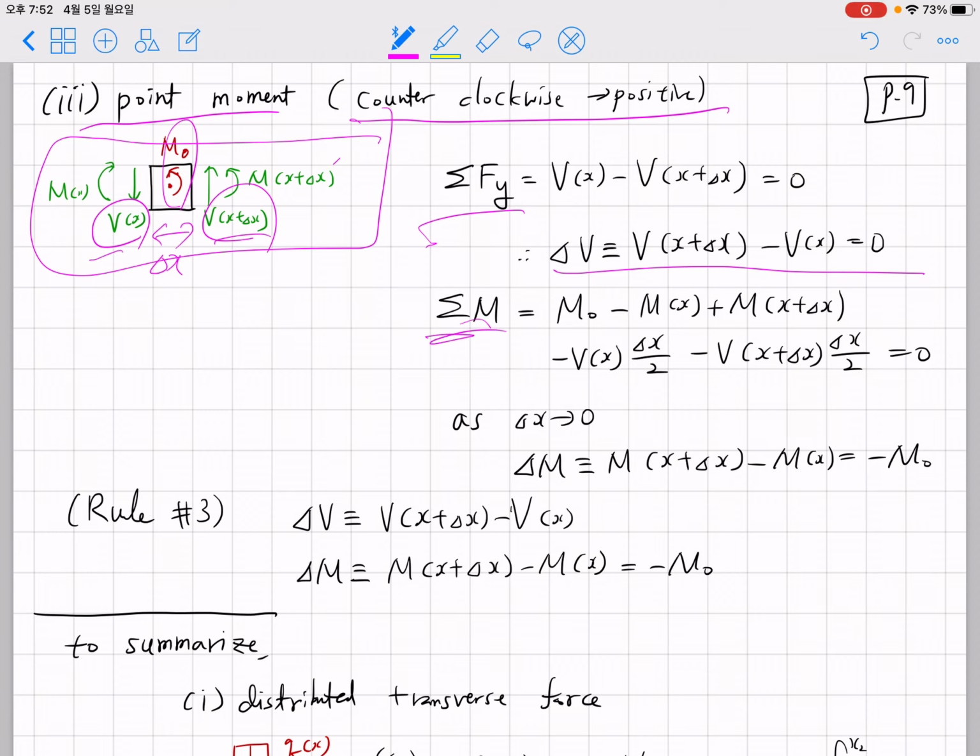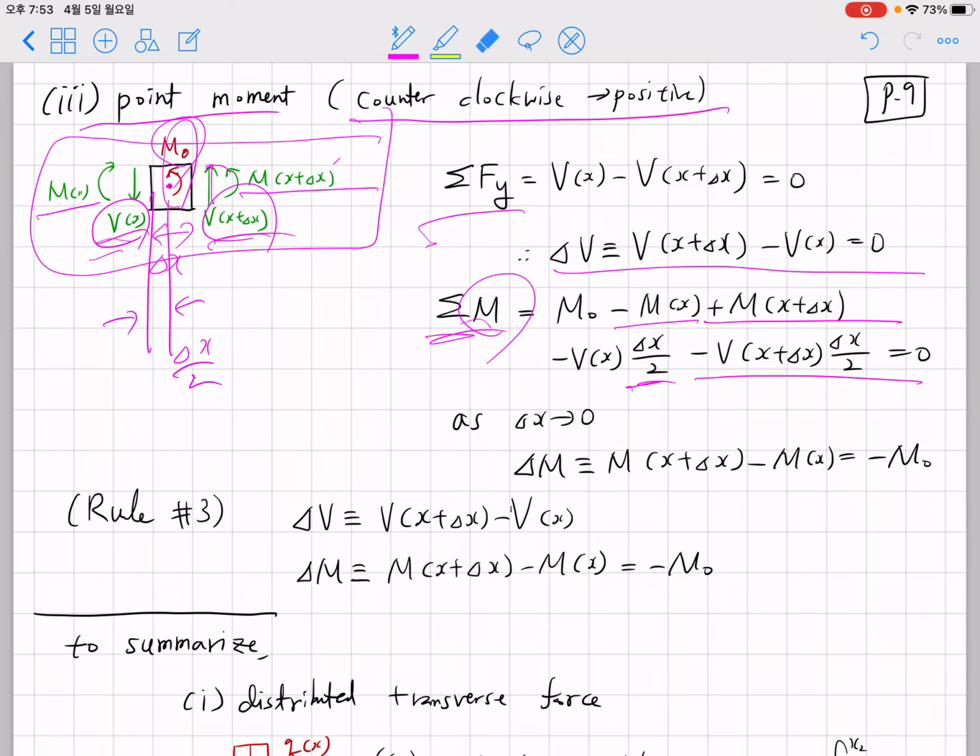Now regarding the moment M, what you can expect is, if you sum up moments about C, M0 is the external loading, and you have M(x), which is negative sign, M(x+Δx) counterclockwise, which is positive sign. You have a clockwise torque, V(x) multiplied by the half distance Δx over 2, and you have another one.